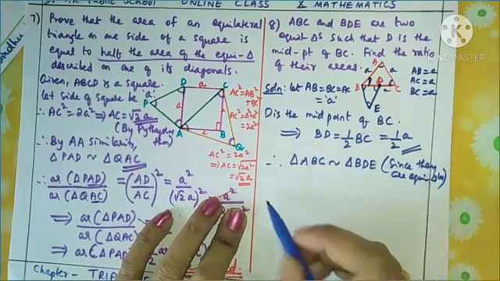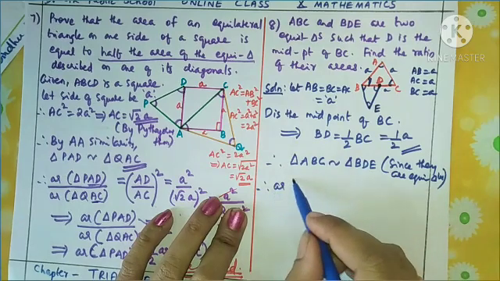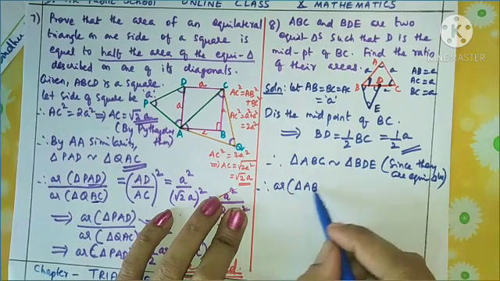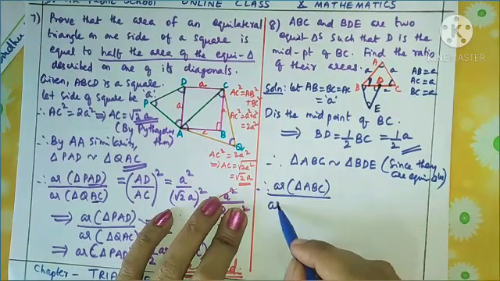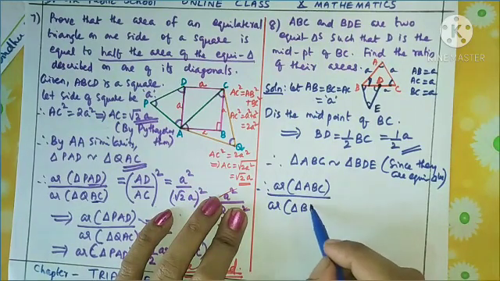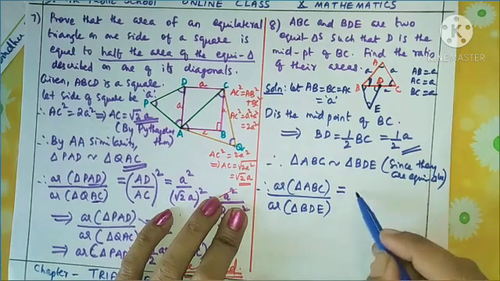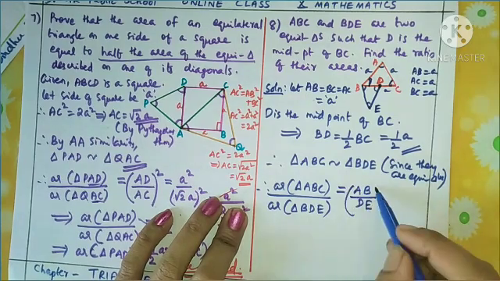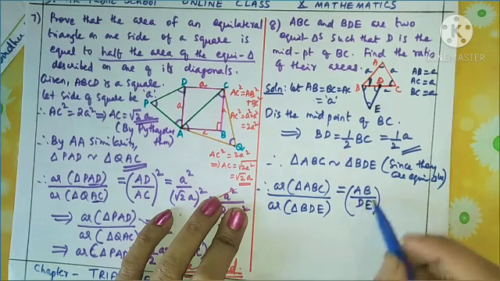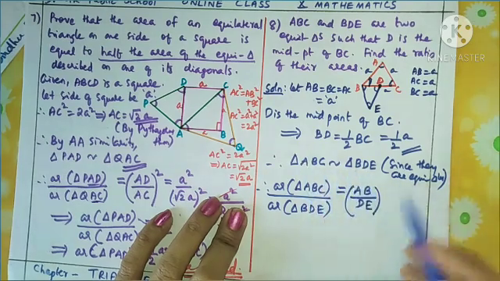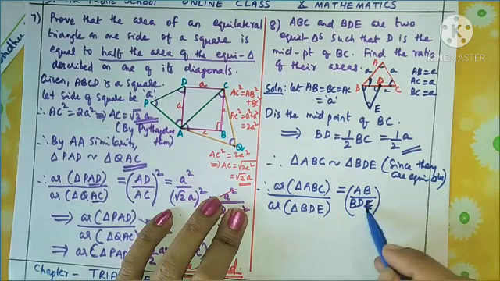When they are similar, by the theorem the ratio of the areas, area of triangle ABC by area of triangle BDE, is equal to, can you write, AB by DE the whole square? Sorry, AB corresponds to BD. So AB by BD the whole square.